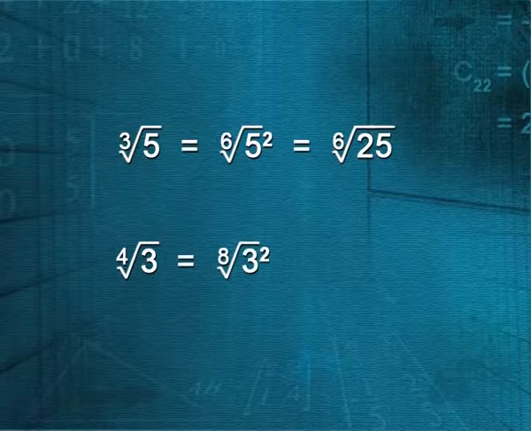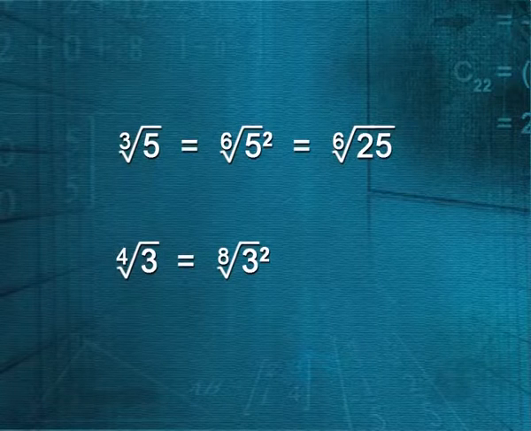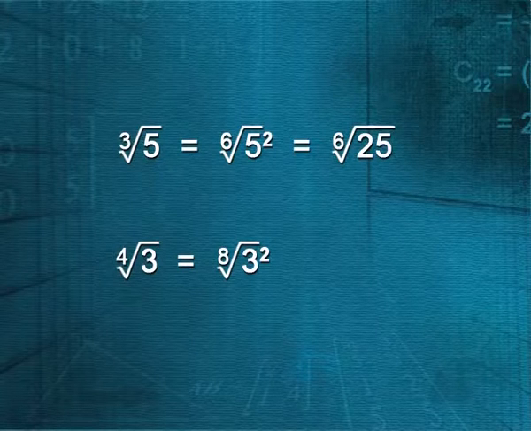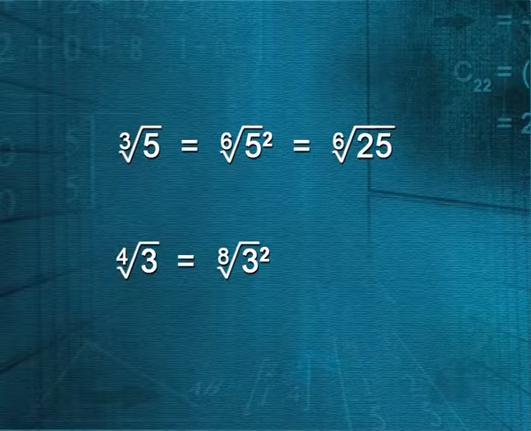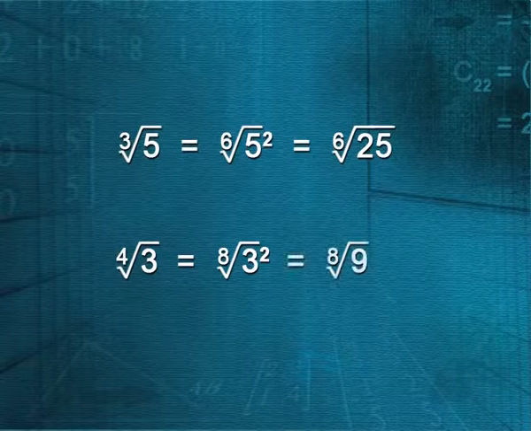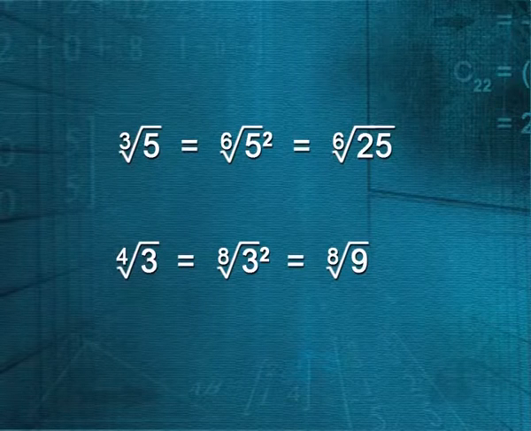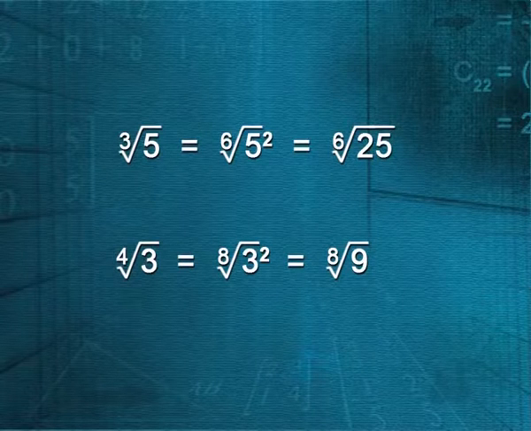For writing 8th root of 3, I will have to multiply the index of the radicand by the number 2 because I am multiplying the index of the surd by 2. Therefore, it will be 8th root of 3 square, which is 8th root of 3 into 3 or 8th root of 9.